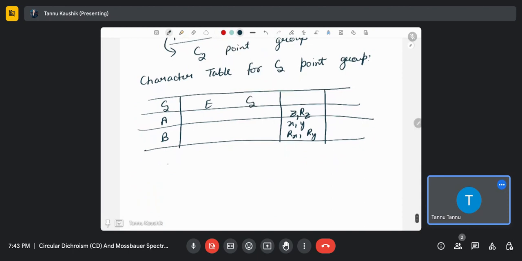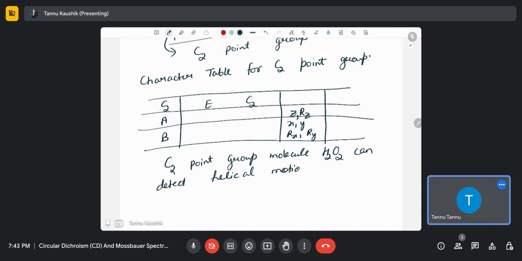So we can say that this C2 point group molecule S2O2 can detect helical motion, as it has both the electric dipole moment and magnetic dipole moment active.